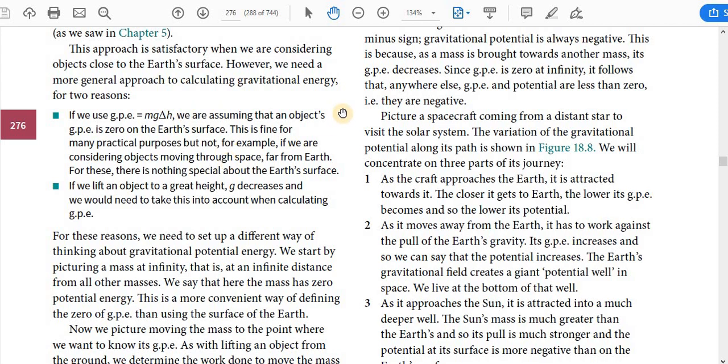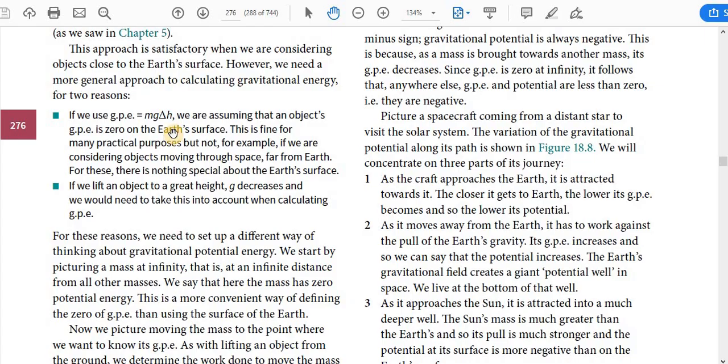So when you use a negative sign, and the negative value of it is increasing, then we can say it matches this equation, because the gravitational potential energy is becoming more and more negative when the object is coming from outer space towards the earth.